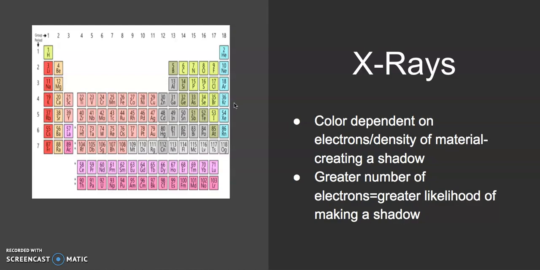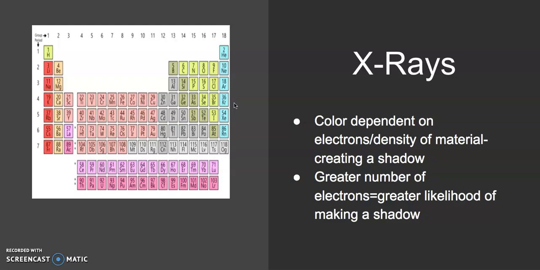The color is dependent upon the number of electrons and the density of the material. So the more dense a material is, the more likely that a wave is to hit something, just like we talked about in water versus air.